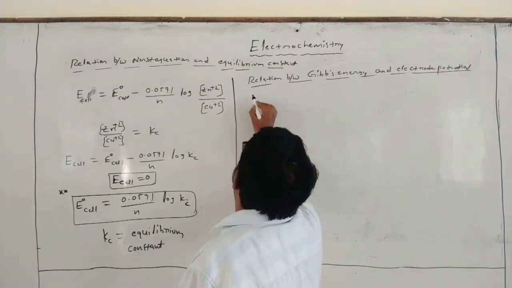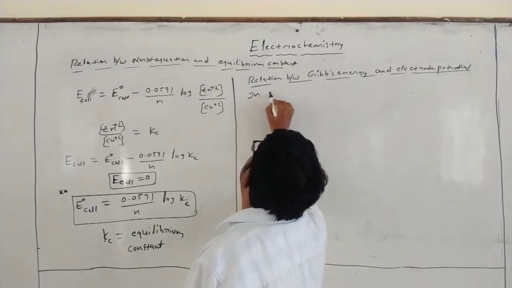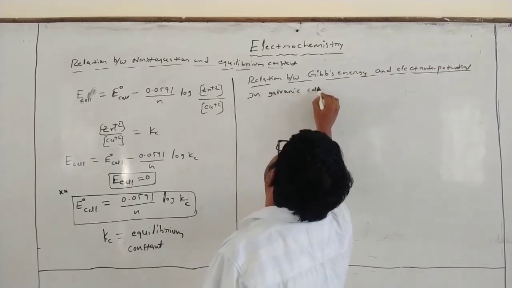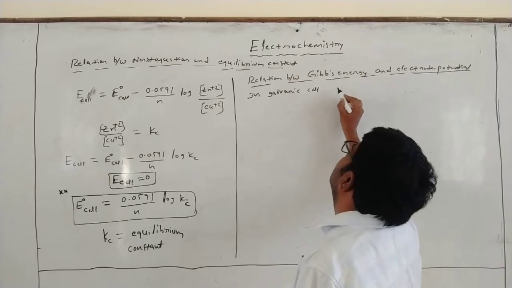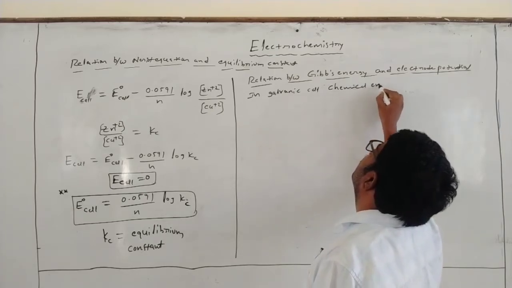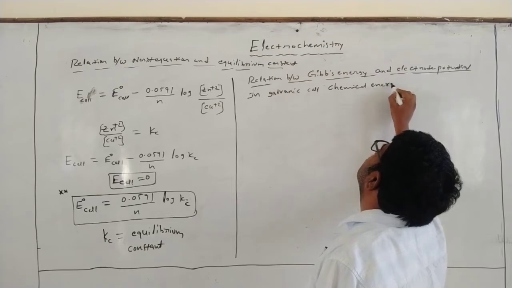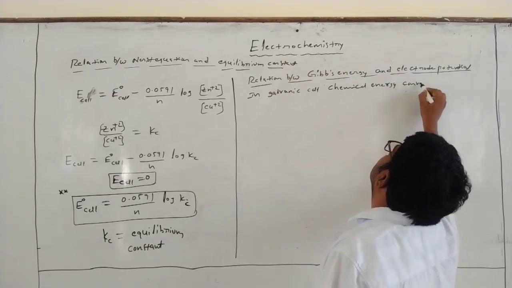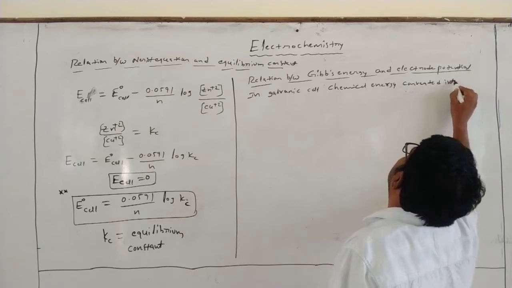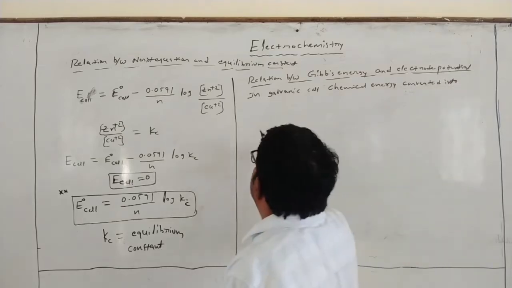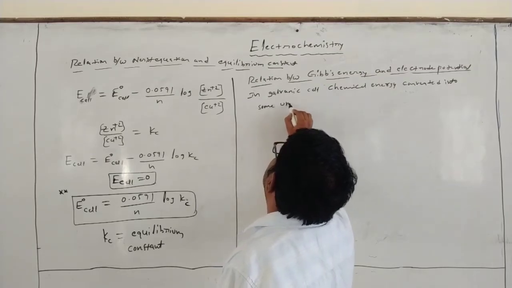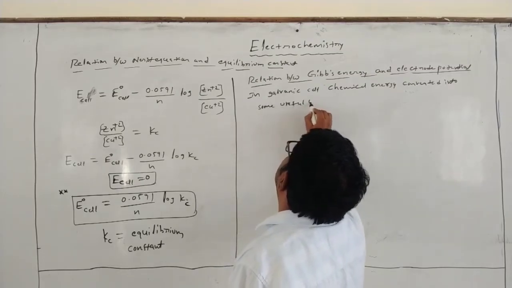So chemical energy in a galvanic cell is converted into some useful work.